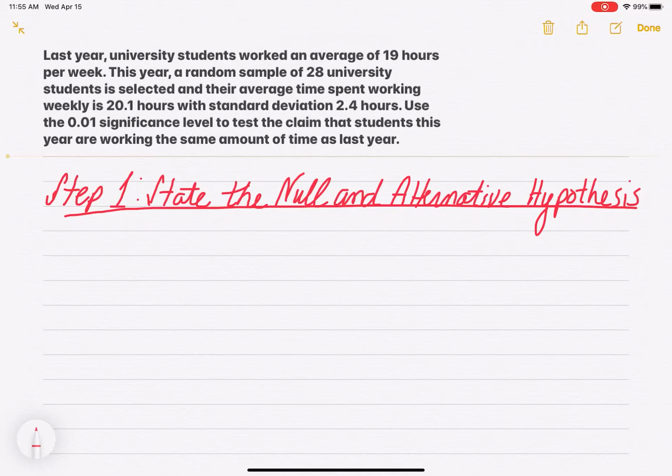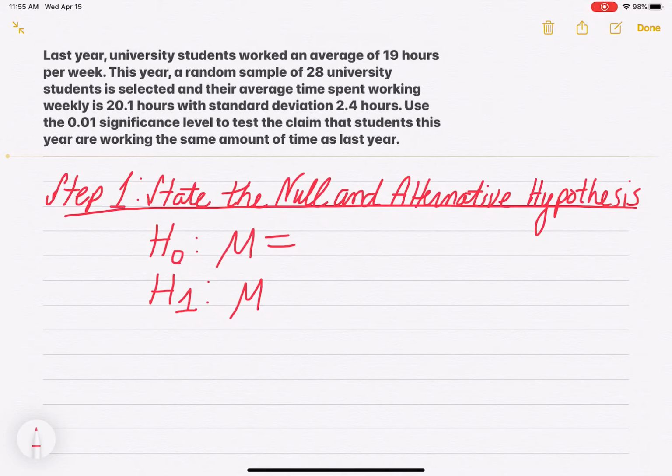So that's going to be an H0 for null, and an H1 for alternative. And these are always going to be about population means, mu. And remember, the null always involves the equal sign.